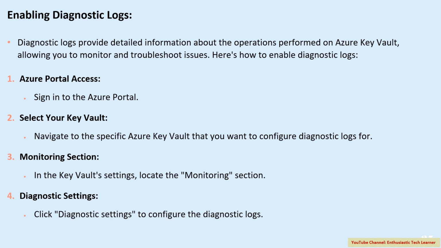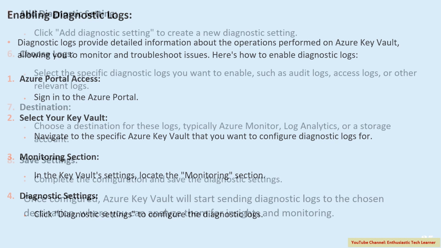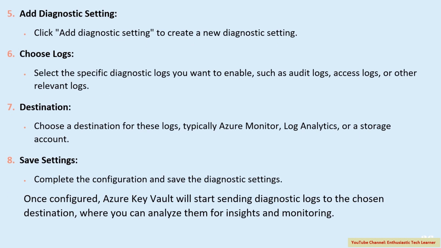Monitoring section. In the Key Vault settings, locate the Monitoring section. Diagnostic settings. Click Diagnostic settings to configure the diagnostic logs. Add diagnostic setting. Click Add Diagnostic Setting to create a new diagnostic setting. Choose Logs. Select the specific diagnostic logs you want to enable, such as audit logs, access logs, or other relevant logs.